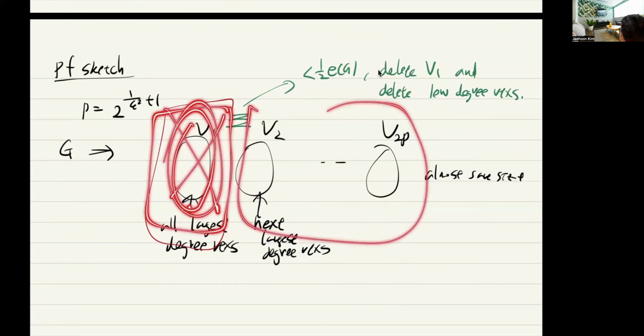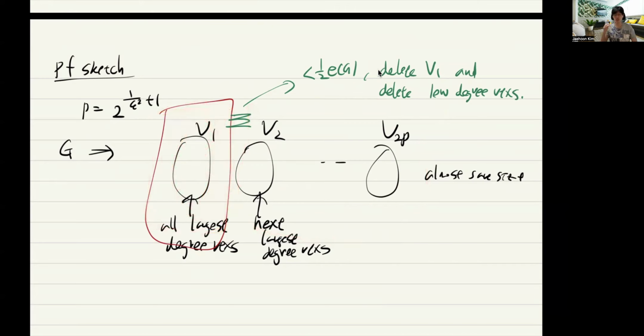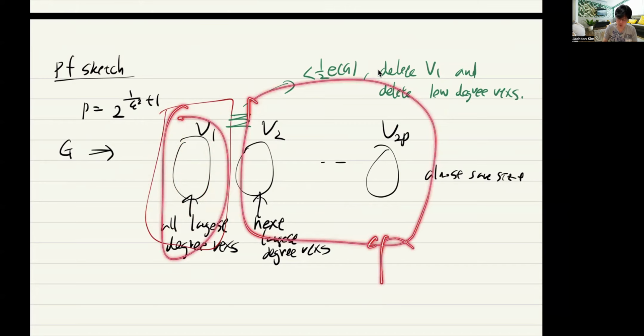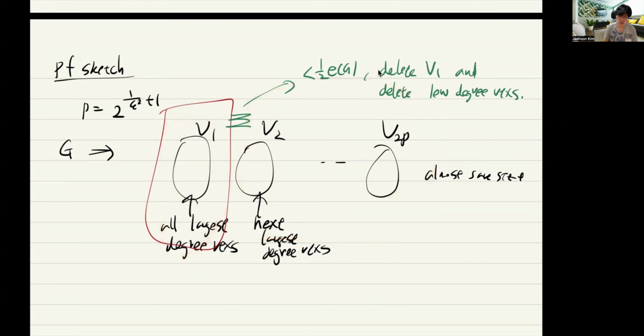So once you delete this, you no longer have vertices with too high degree. And by deleting this, you might introduce vertices with too low degree, but you can just delete them. That will produce the desired graph. It's not too difficult to actually check it.